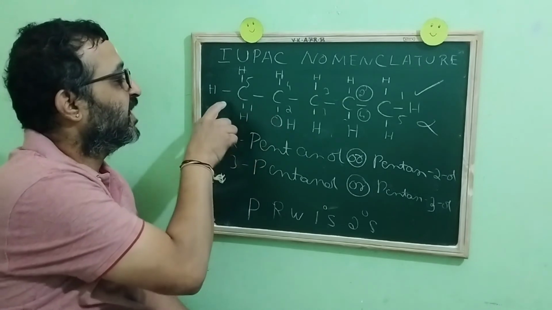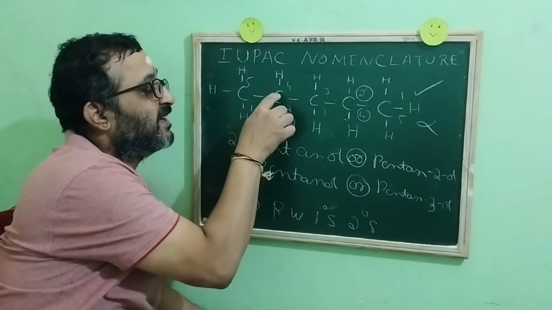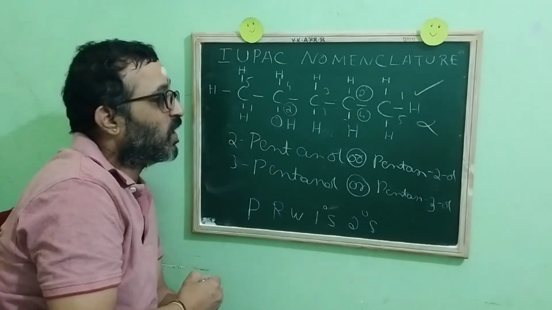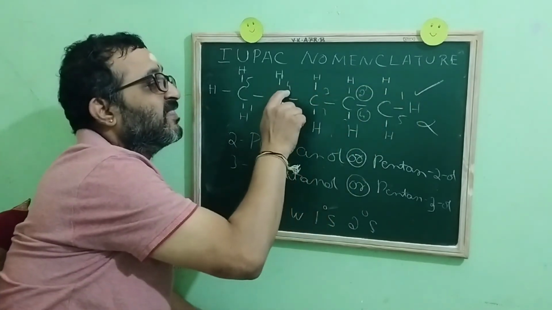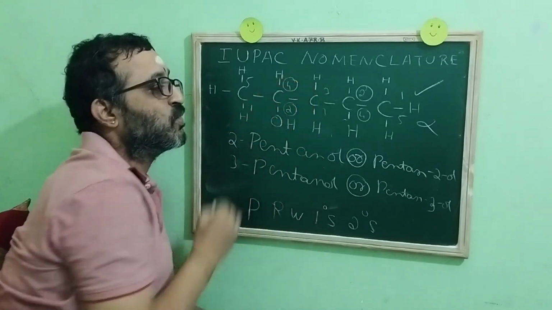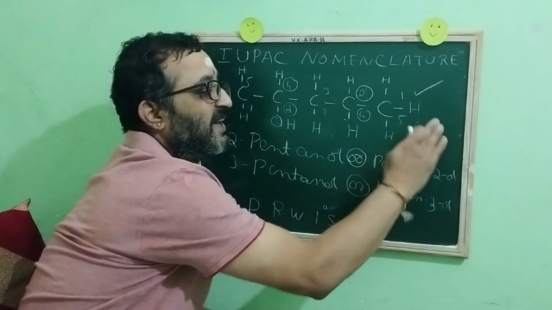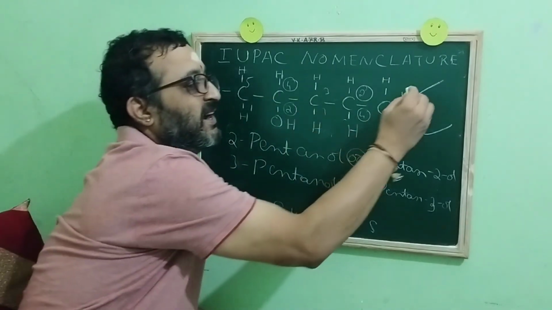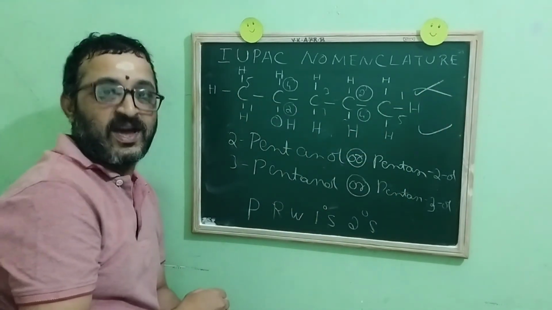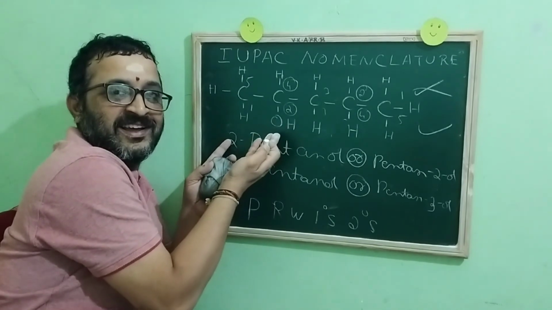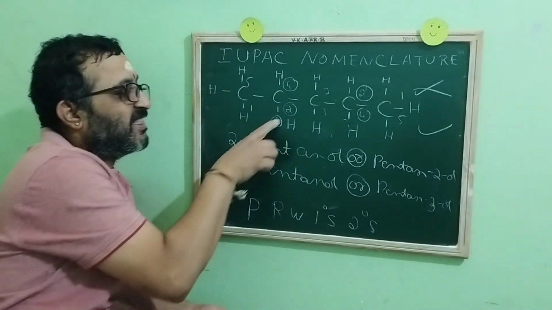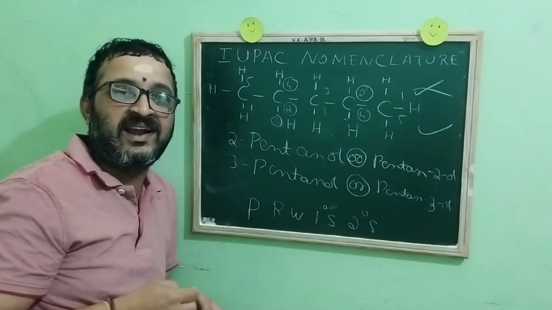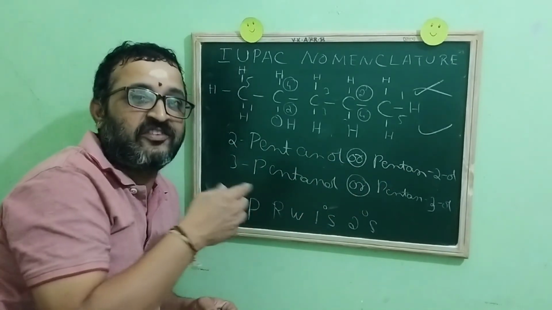In that case, when I do the numbering from left side, this carbon will get what, children? 2. And from right side, the same carbon will get what, children? 4. So, in this case, this numbering will be right, that is from left to right, and this numbering will be wrong. Then what will be the name, children? Yes, obviously you are correct. The name will be what, children? 2-pentanol or pentan-2-ol.